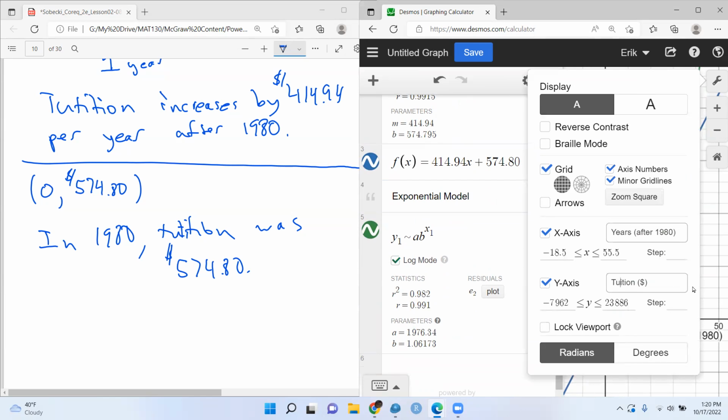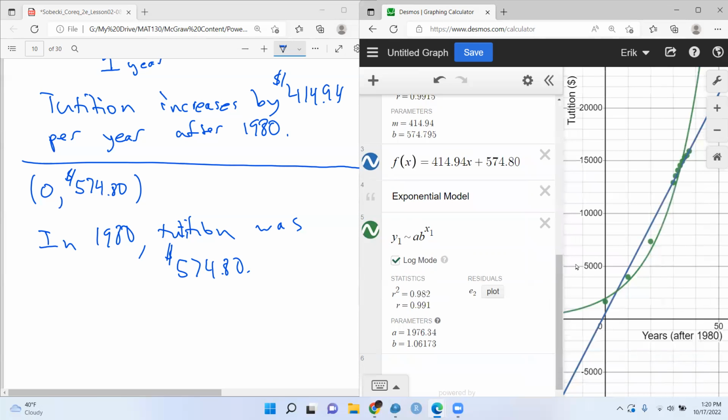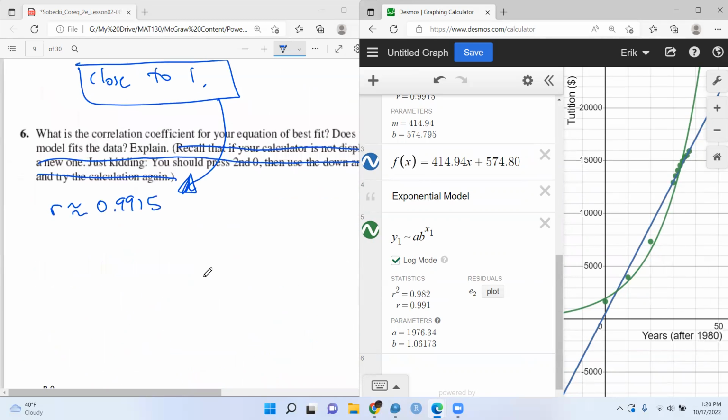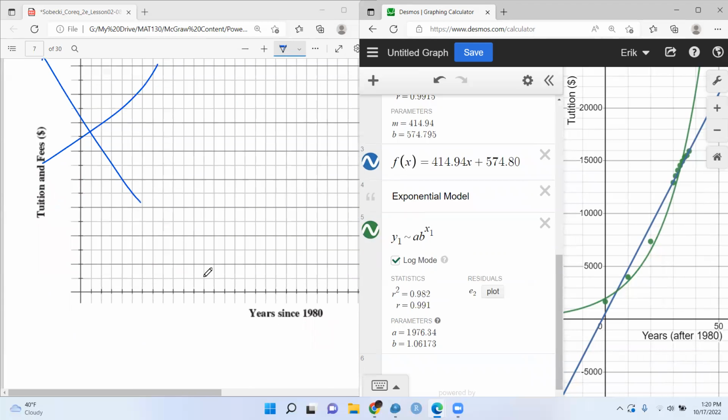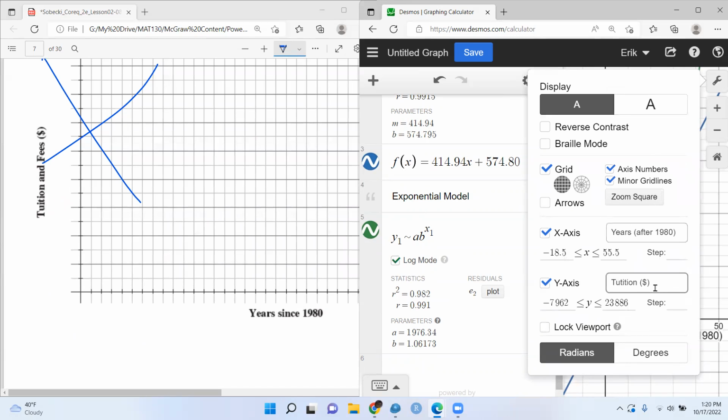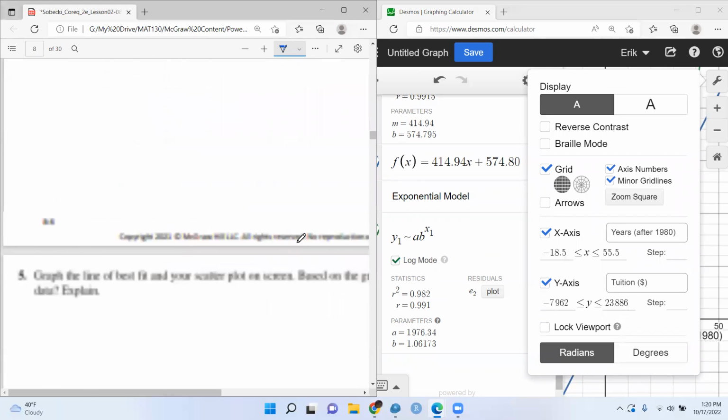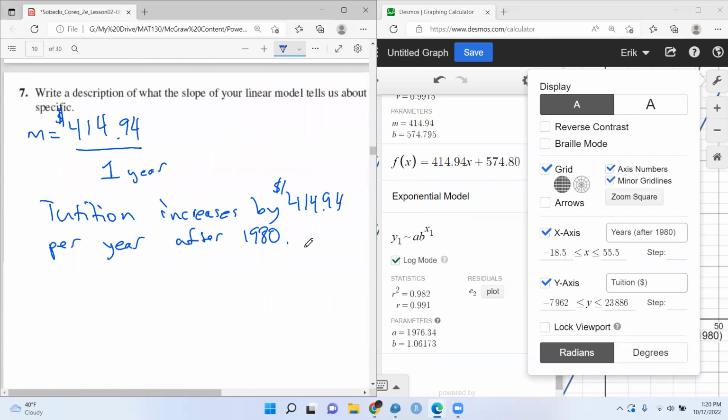I also want to fix how I spelled tuition here. There we go. Wait, that does not seem right. It bothers me that I'm spelling things wrong. Oh, I had it right the first time. What's wrong with me? Where did I spell it wrong here?